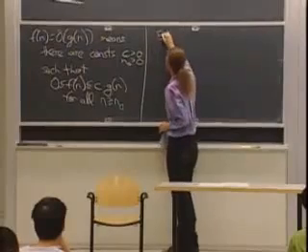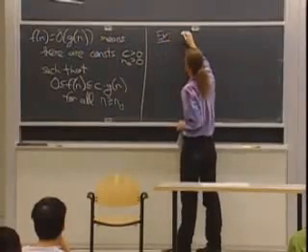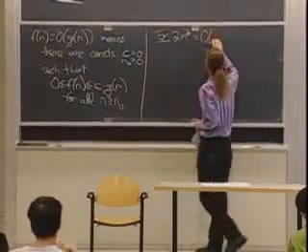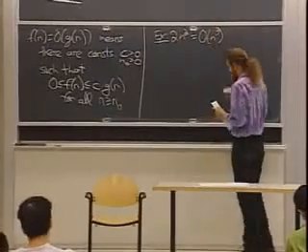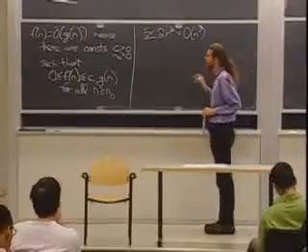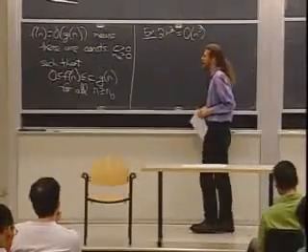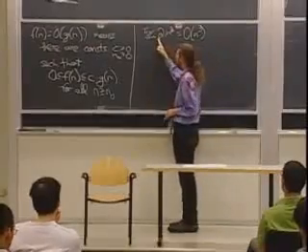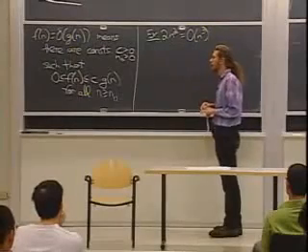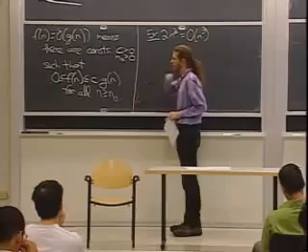We've seen a bunch of examples, but something like 2 times n squared is big O of n cubed. Roughly this means that if you drop leading constants and lower order terms, then this is less than or equal to that. So big O corresponds roughly to less than or equal to, but this is the formalization.